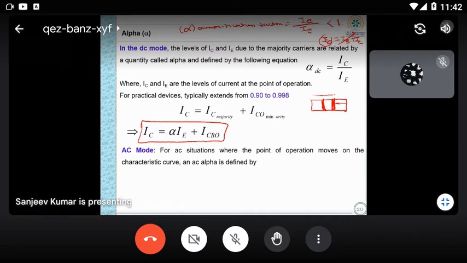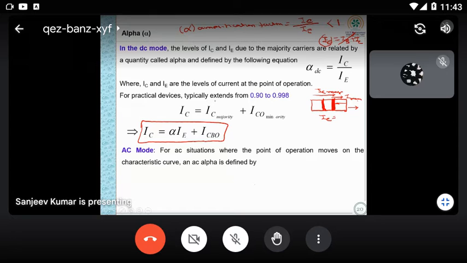During forward bias, the current flowing is due to IC majority. And here, due to the reverse bias condition, whatever current is flowing is the minority current. So the total output current IC will be due to majority and minority: IC majority plus IC minority.